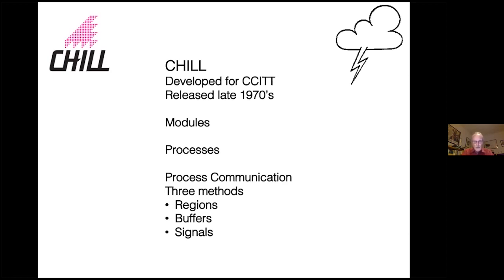So here you see the effect of Wirth. There are modules, there are processes, but then there's a question about process communication. There are three methods: critical regions, buffers, and signals. And you might wonder, this seems very strange, and there's a very simple answer.